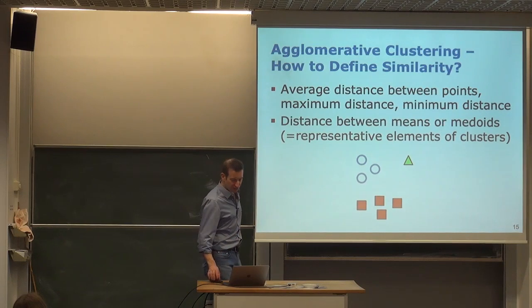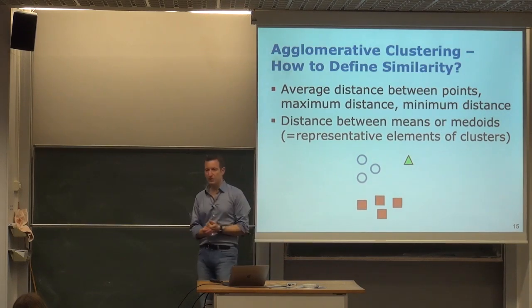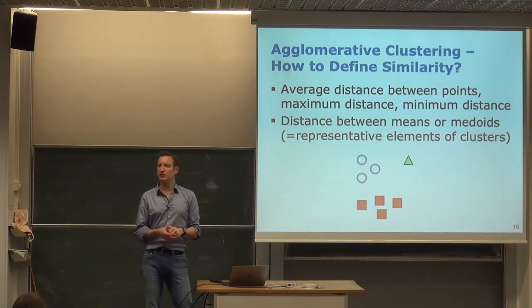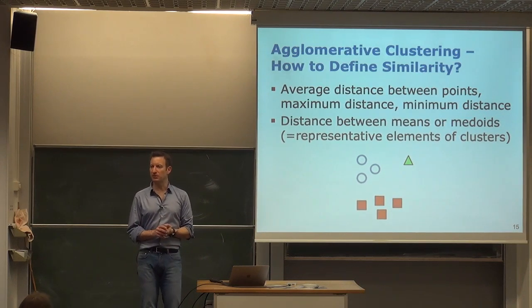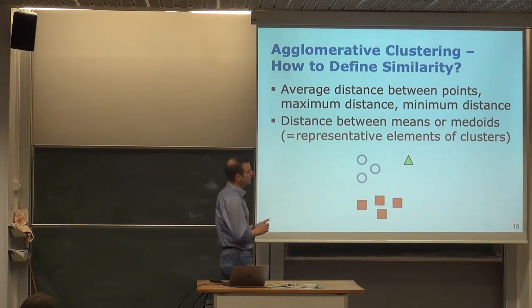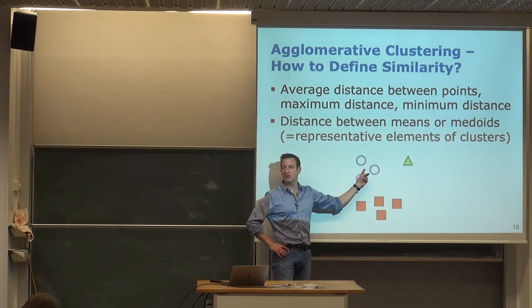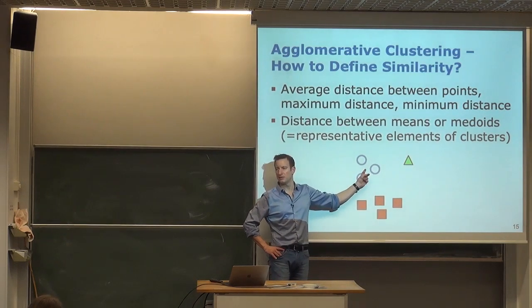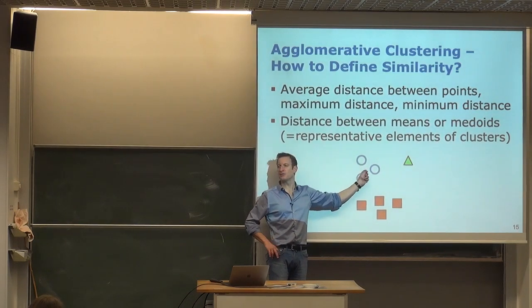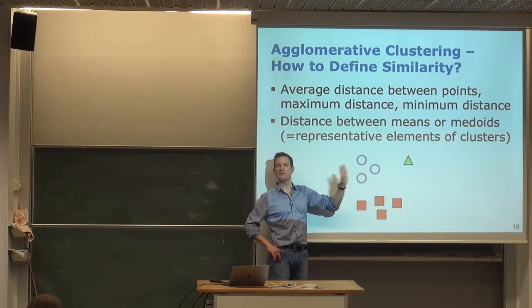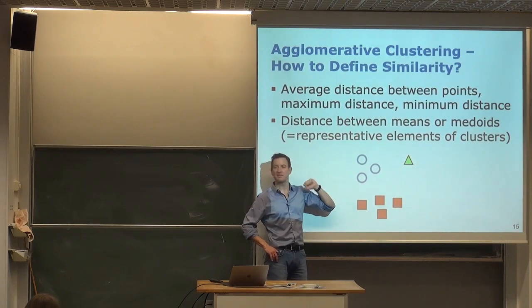And what one also sometimes distinguishes between using the mean and using the min or the maximum distance point is that if I compute the mean, I'm basically computing a new element, a representative which is not part of the original data points. There's nothing bad about it, but this is something I need to be aware of.